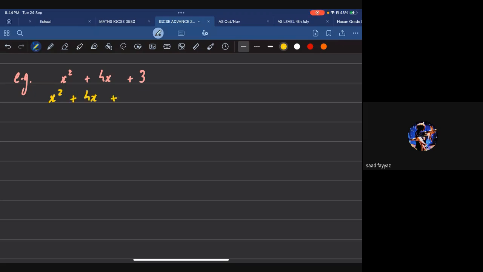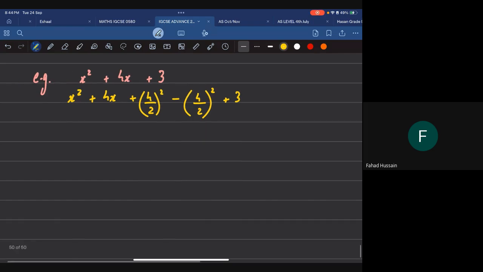Now, half of b. What is the half of b, guys? Sir, 2. So technically, if we're trying to learn, the half of b is going to be like this: plus squared minus half of b whole square plus 3.